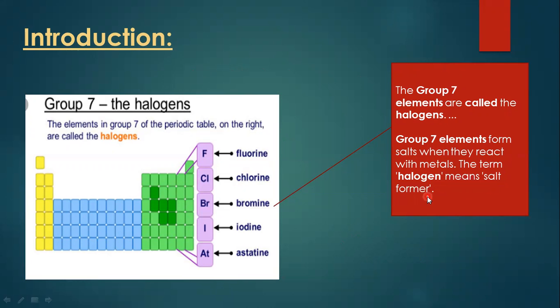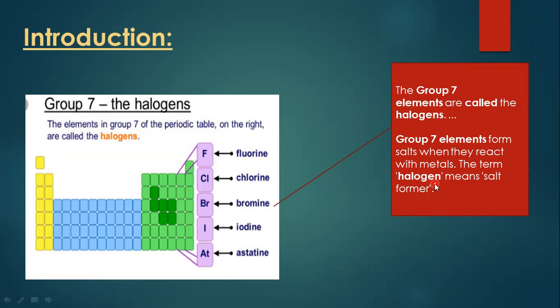When group 7 elements react with metals, usually with the alkali metals or group first A elements, they form salts. So due to the formation of salts or due to their salt forming property, these elements, they are named as halogens.